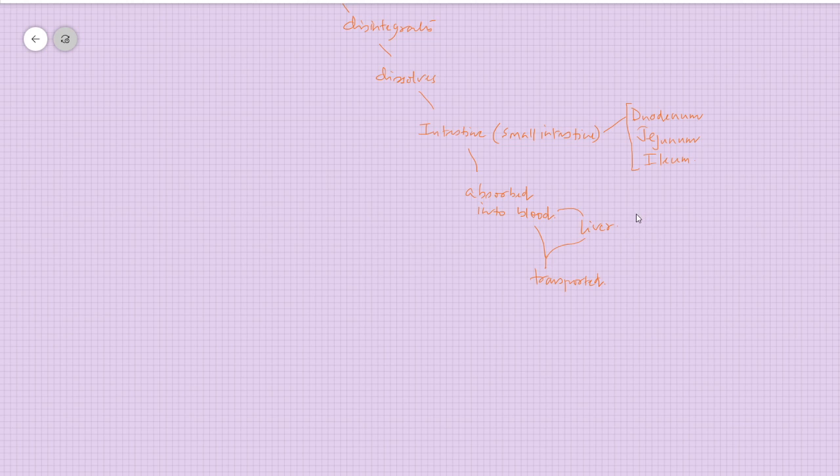So that is the systemic metabolism. Then it is transported in the blood, and it crosses the blood-brain barrier.